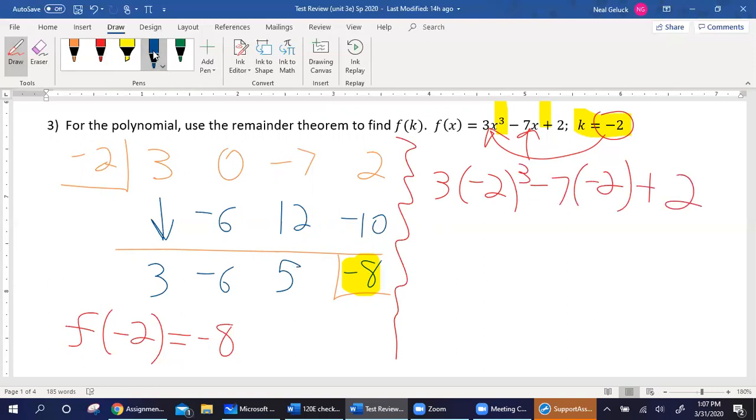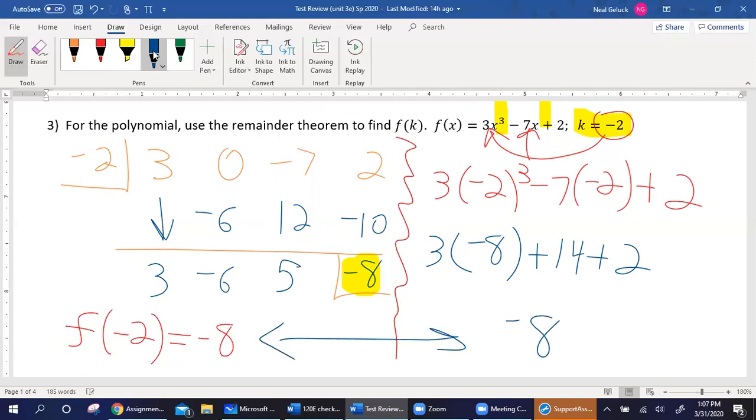Remember, PEMDAS says we have to do the exponents first, so this would be -8 times 3 plus 14 plus 2. If you solve all that out, you get the same -8. So either way you want to think of it, these are synonymous with each other. Finding the remainder when you divide, plugging the number in, same thing.